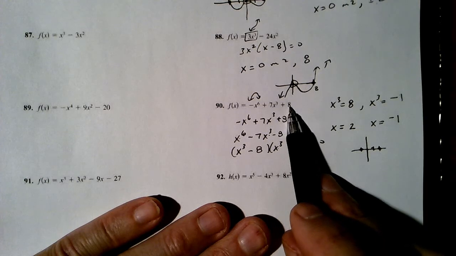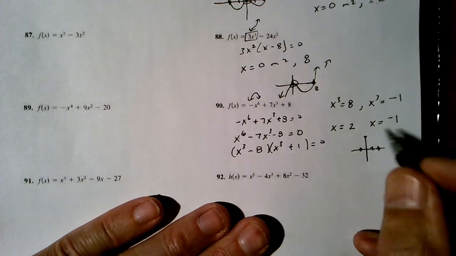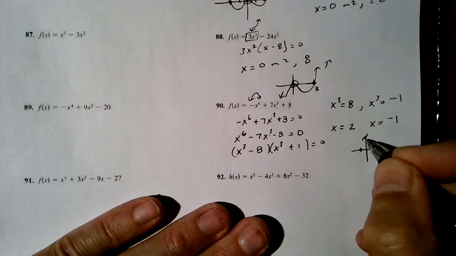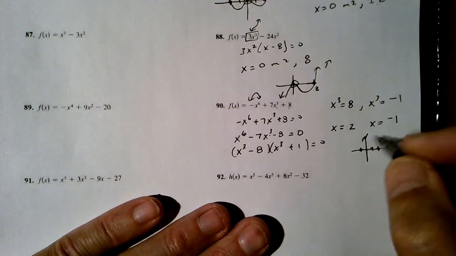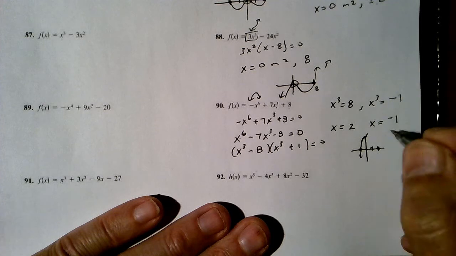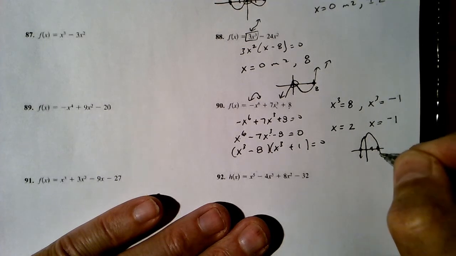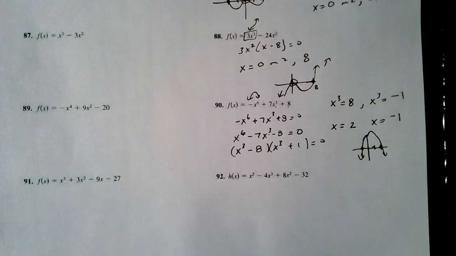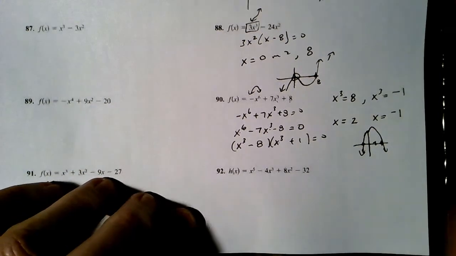This graph really wants to be up at 8. When it starts, it wants to look like a positive cubic going through there. It looks something like this, but these are just pass-through zeros. So this graph looks something like that. Okay, probably some discussion on that, but we'll let you give the homework a try.